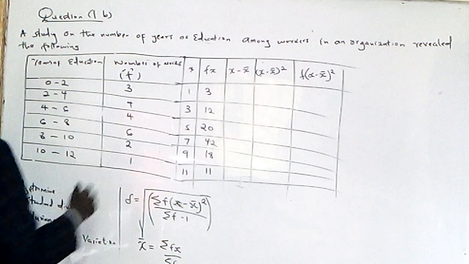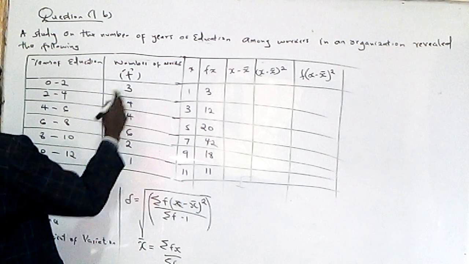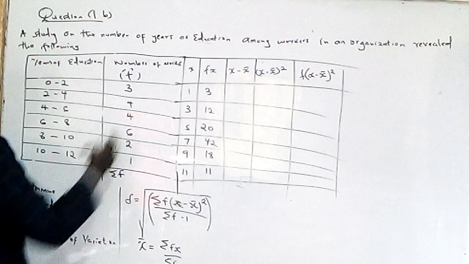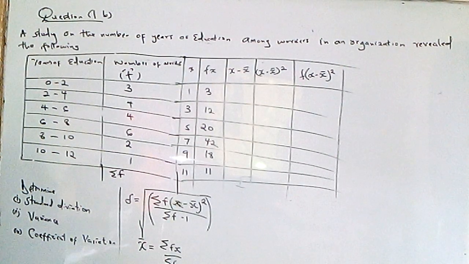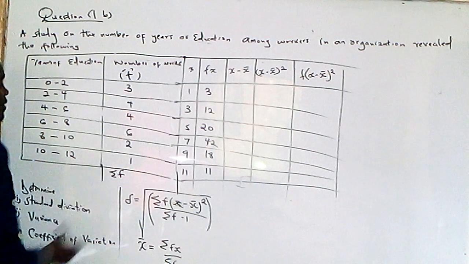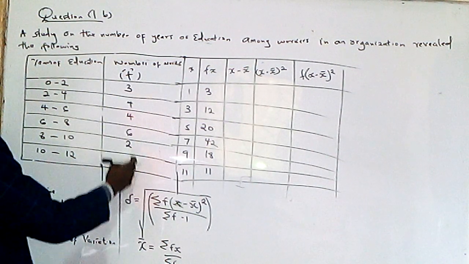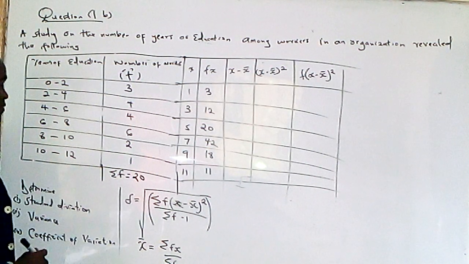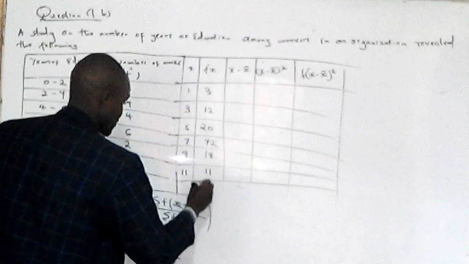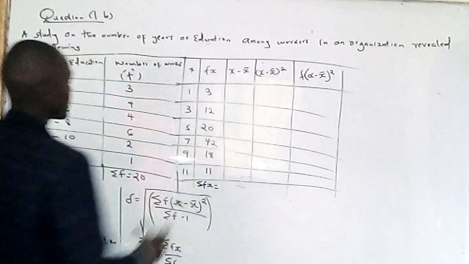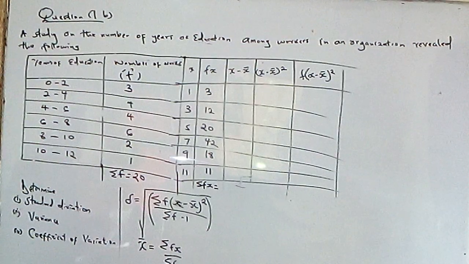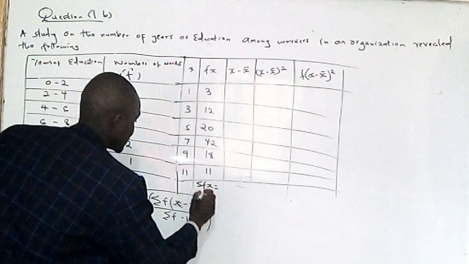To calculate our mean, the summation of f is 3 plus 4, which is 7, plus 4 is 11, plus 6 is 17, plus 2 is 19, plus 1 is 20. The summation of fx is 3 plus 12 plus 20 plus 42 plus 18 plus 11, which gives 106.